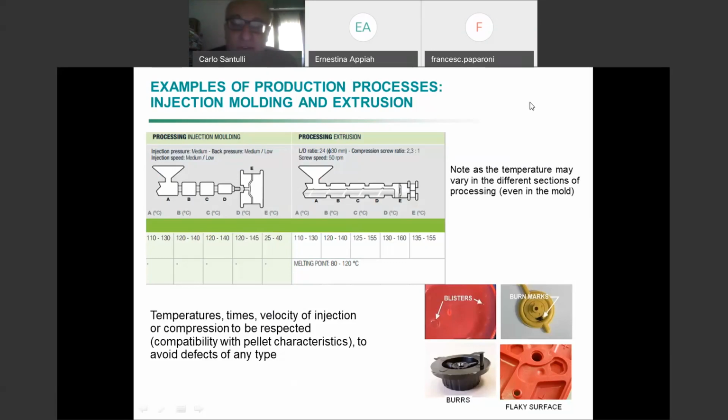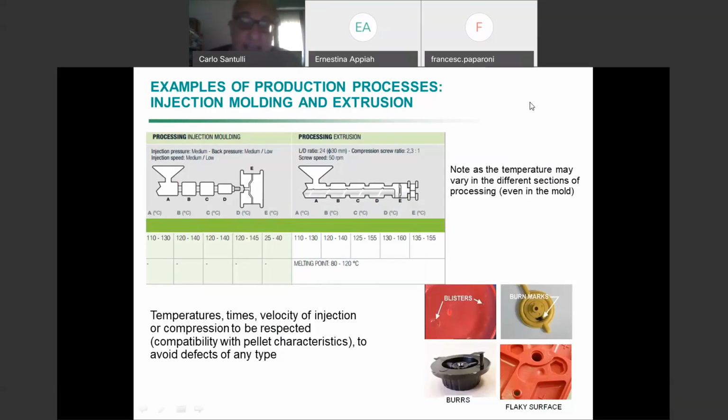I might have a flaky surface from mixing, because there is also a question that once I melt and soften the granules, mixing should go further during the whole process so that I get, at the end, the same composition from which I start, which is not always the case.